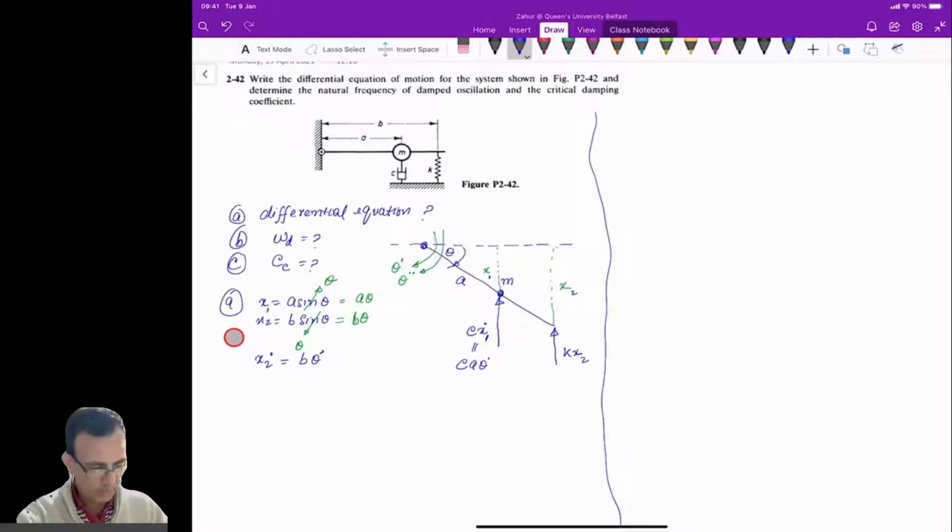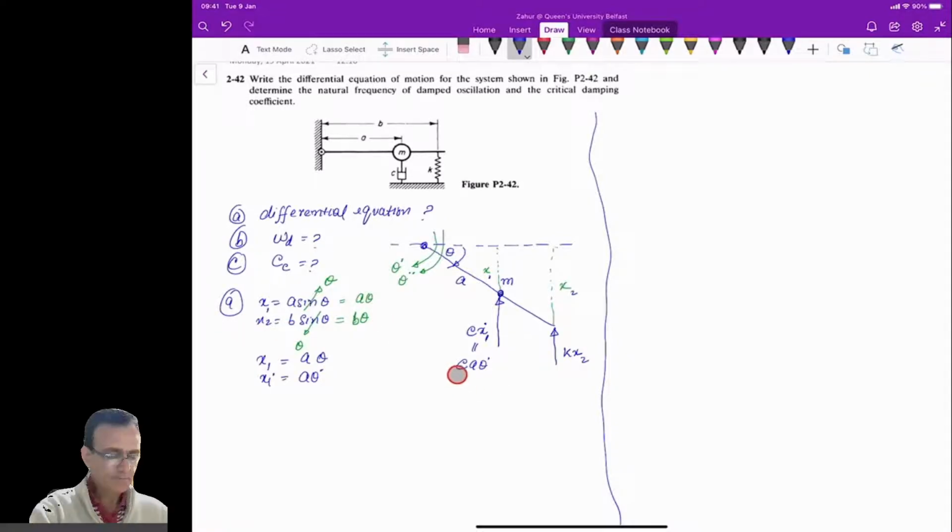So x1 is equal to a theta, and x1 dot becomes equal to a theta dot. And x2 is b theta, so k x2 will become equal to k b theta. So we just replace these by these things here.